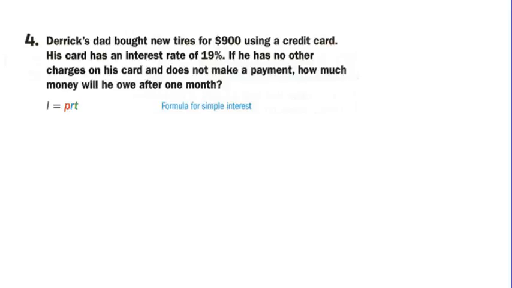If he has no other charges on his card and does not make a payment, how much money will he owe after 1 month? Okay, so again, same formula.